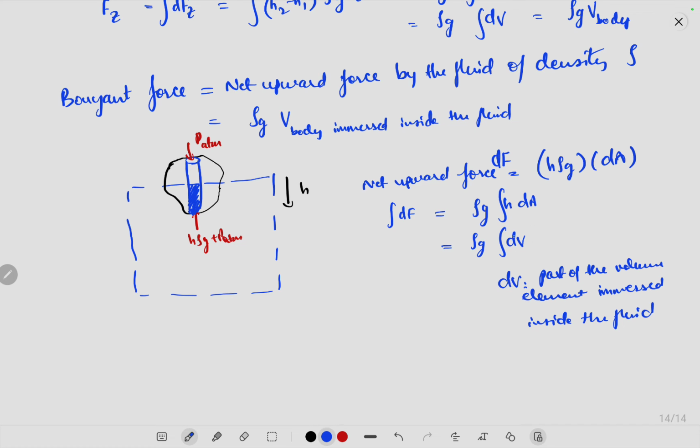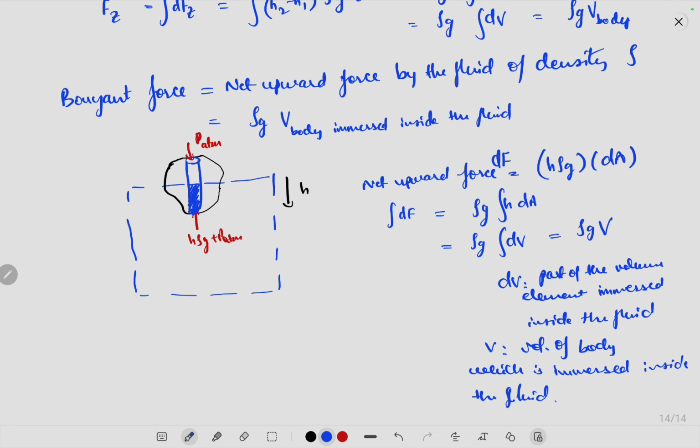If I integrate over this dV, I will get V, and that V would be the volume of the body which is immersed inside the fluid.